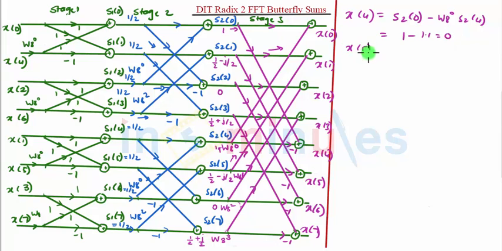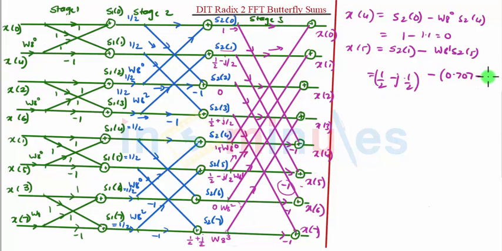x of 5, that is this point, has an input from s2 of 5 multiplied by W raised to 1, and again as the butterfly ends here, that is minus 1, and another input coming from s2 of 1, that is this point. So finally the equation is s2 of 1 minus W raised to 1 s2 of 5, that is half minus j into half minus 0.707 minus j 0.707 into half minus j into half.